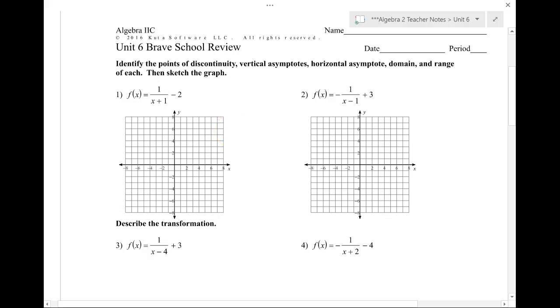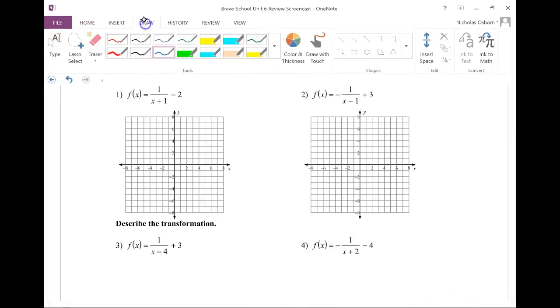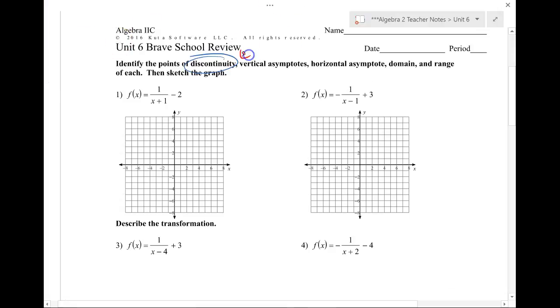So you all should have your worksheet in front of you, whether you've started it or not. Let's look at this first problem. The first thing we need to look for is the point of discontinuity. If you remember, a point of discontinuity is also the same thing as an excluded value. It's a value that if I plugged it back into the actual function, it would make it undefined.